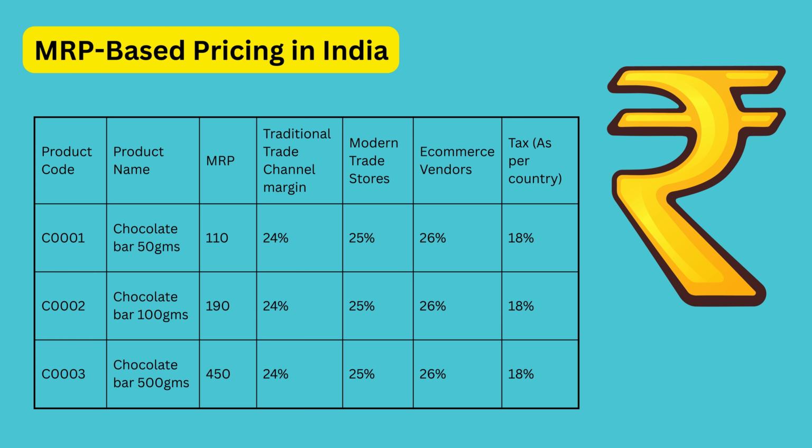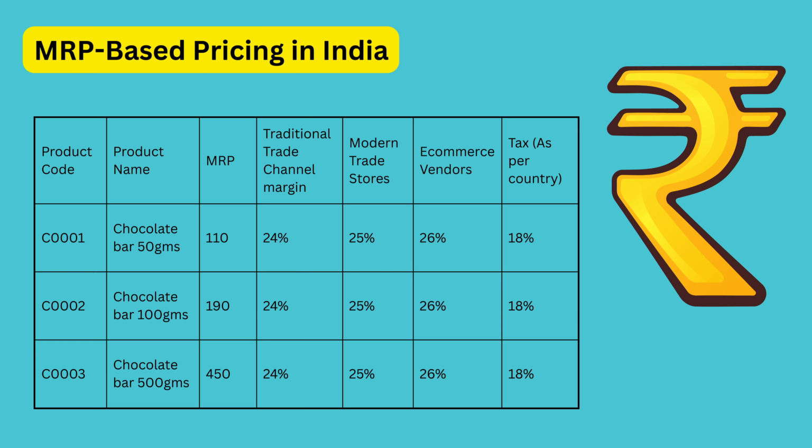So the end consumer will at most pay 110, or less if a retailer is giving him a discount. But in no scenario will he pay more than the MRP. Then the margins for retailers and distributors are reversely calculated.